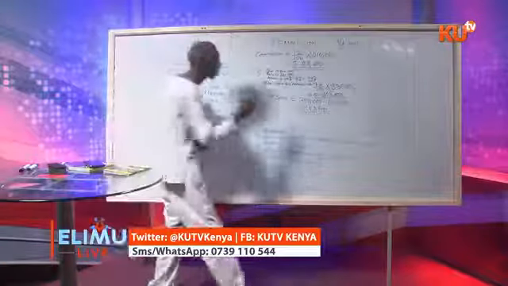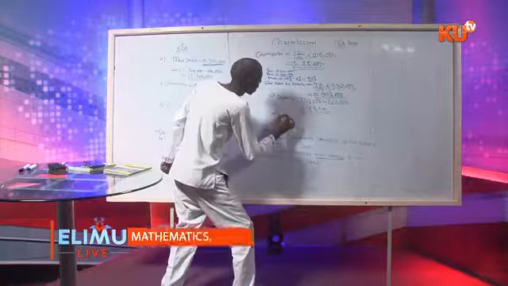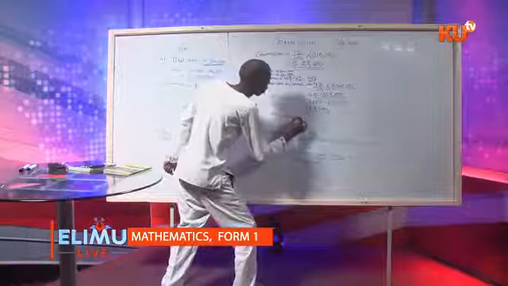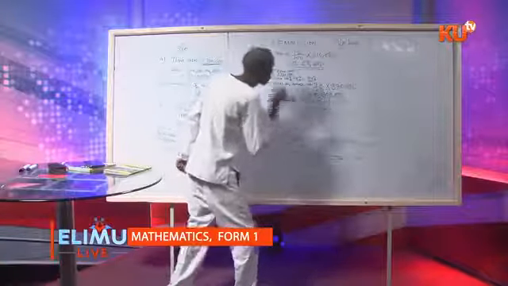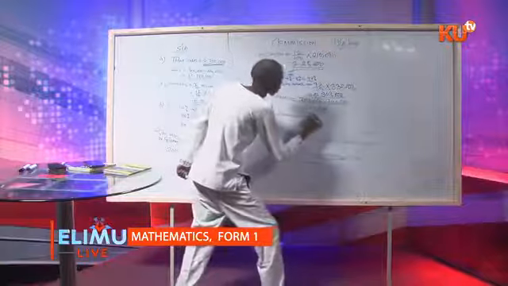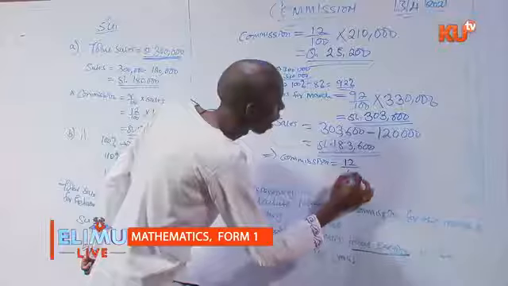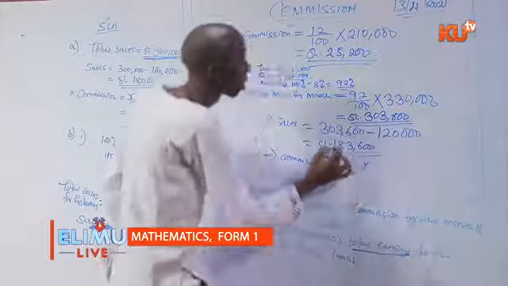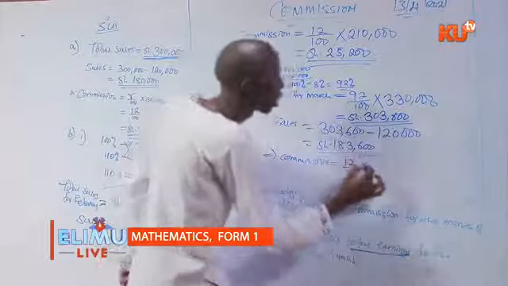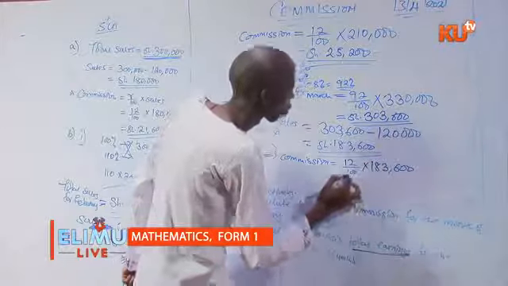Now that we have the sales, we get the commission for the month of March, which is the rate 12/100 multiplied by the sales, 183,600 shillings.